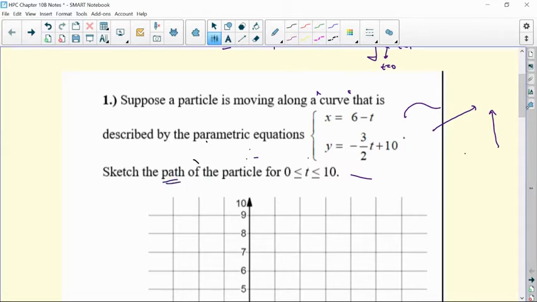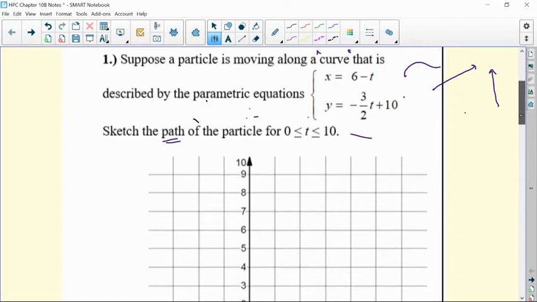From 0 to 10. Okay, so it might be worth our while to make a little chart, in terms of when t is 0 through 10, what is our x value, what is our y value? It's not hard, just a little tedious. So time equals 0. That's our initial position, by the way. When time equals 0, we get 6 and we get 10.